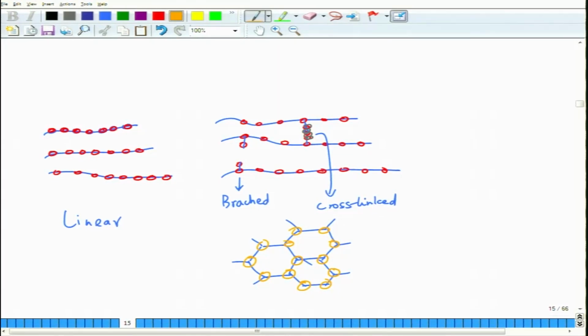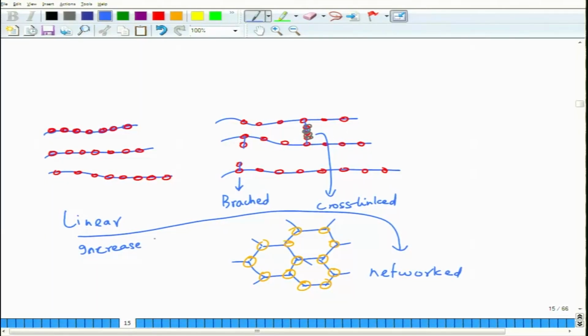Okay. And as you go from here to here to here to here, you increase the strength and hardness.